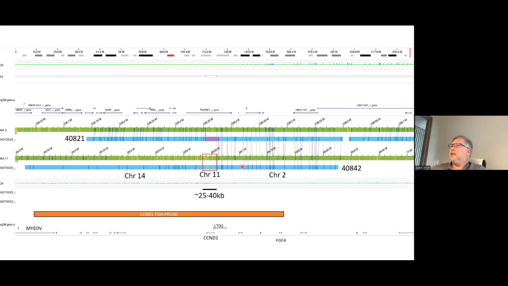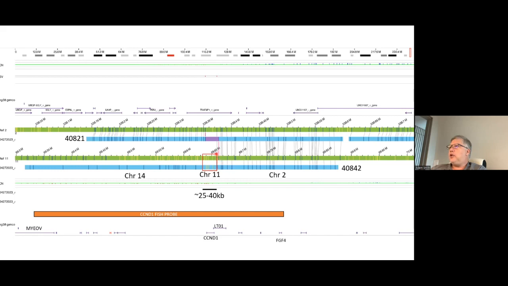Quite an interesting rearrangement. And I say it's arts and crafts because this particular region is actually below the size thresholds for OGM to be able to call it individually.